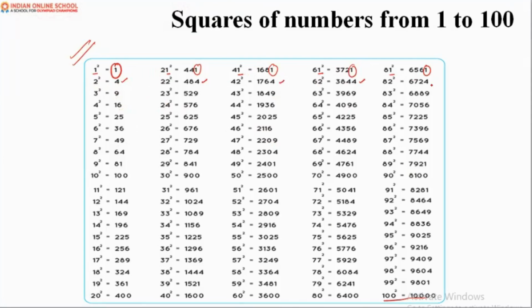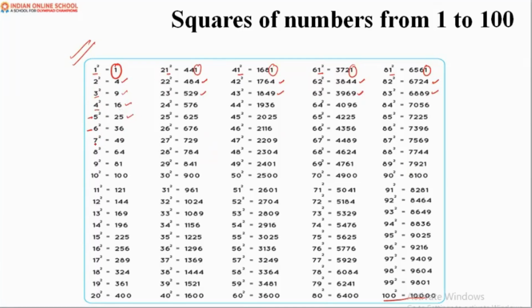If any number ends with the digit 3, the square of that number is going to end with the digit 9. Same as 4, when any number ends with 4, the square is going to end at 6. Any number ends with 5, the square is going to end at 5 only. That will remain the same. For 5 and 6, if any number ends with these two digits, then the square will also end with these two digits only.